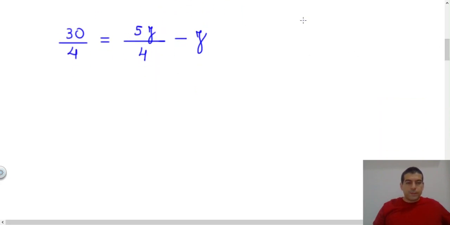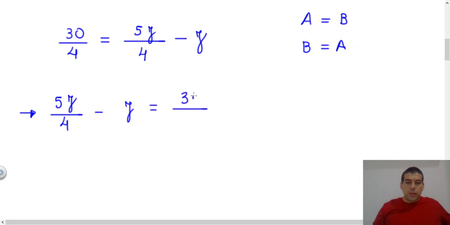Look, in general, if we have A equal B, we can say that B will be equal A. So I can switch the sides of those terms and it will be right, okay? So I will write that 5J/4 minus J will be equal 30/4.